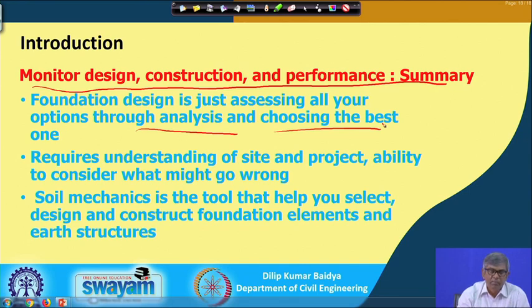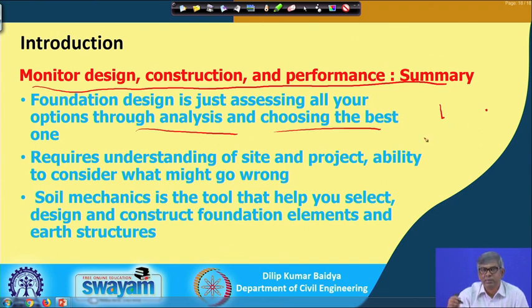For this, you are required to understand the site and project, and have the ability to consider what might go wrong. That means, while taking several options, you need to know that if I do this, what is the benefit, and what are the harmful effects or difficulties.